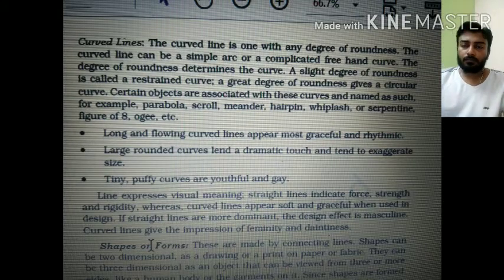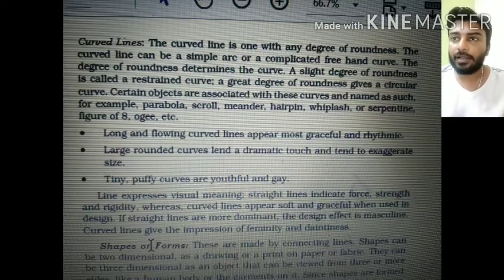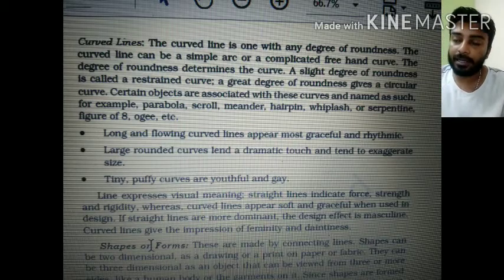So let's see what curved lines are and what the types of curved lines are. The curved line is one with any degree of roundness. The curved line can be a simple arc or a complicated freehand curve. The degree of roundness determines the curve.